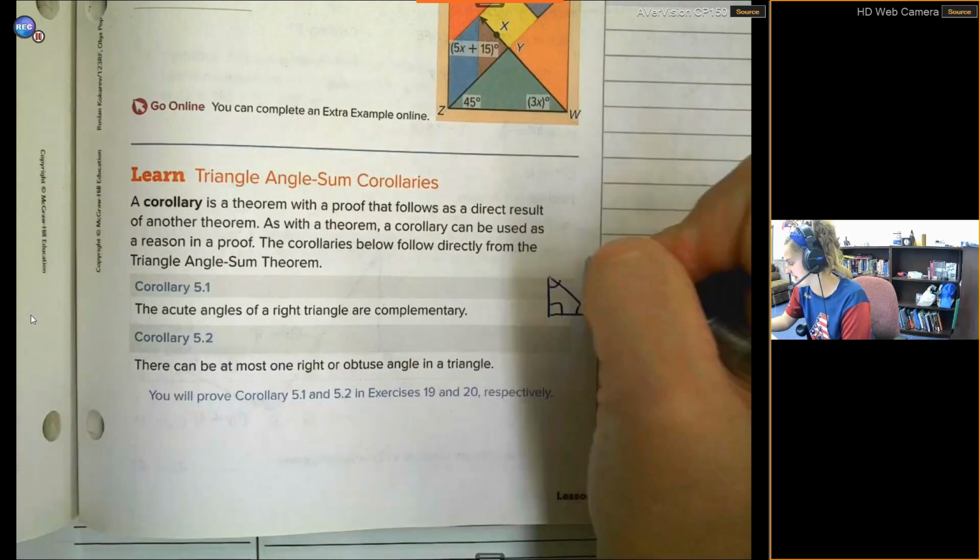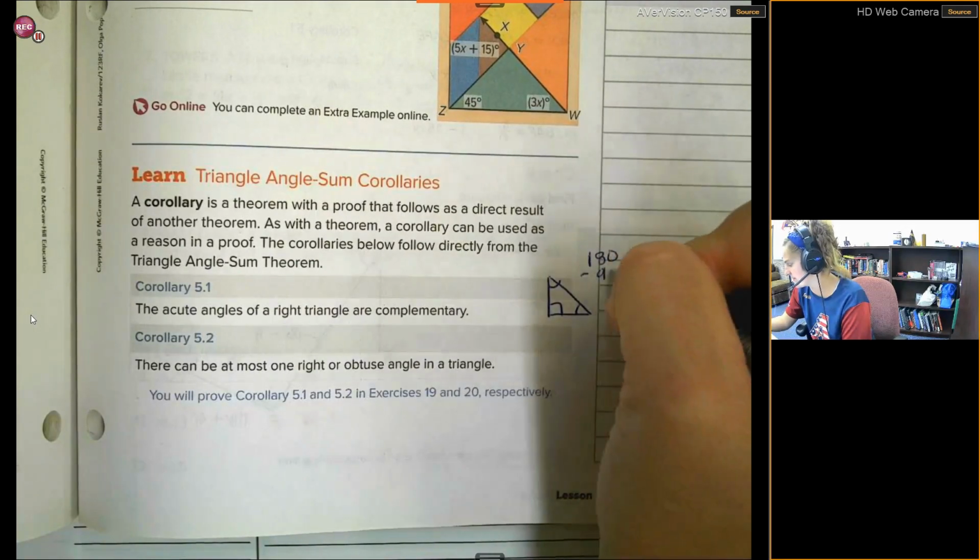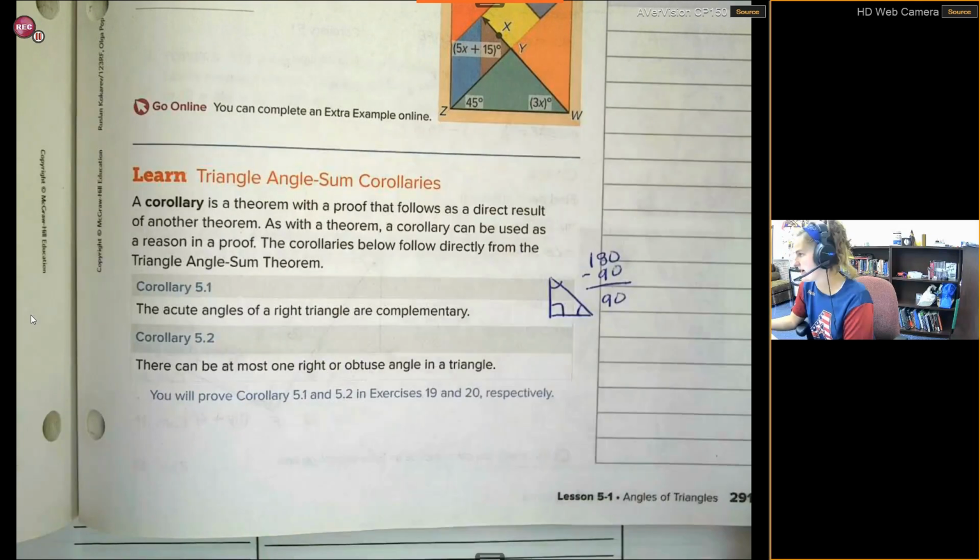Because they wouldn't add up to 90, and since we already know one of them is 90, the other two have to add up to 90, right? What'd you say? Not necessarily, because you could have one as like 62 and one as like 28. They don't have to be equal.